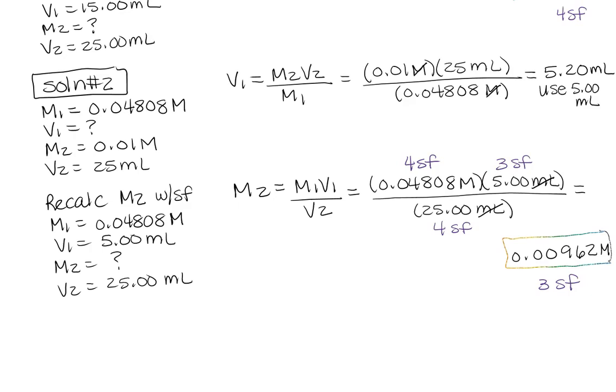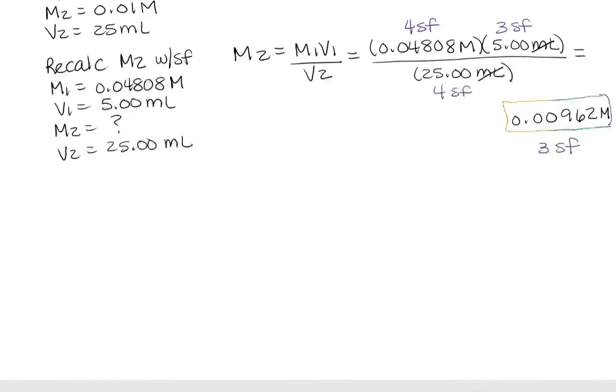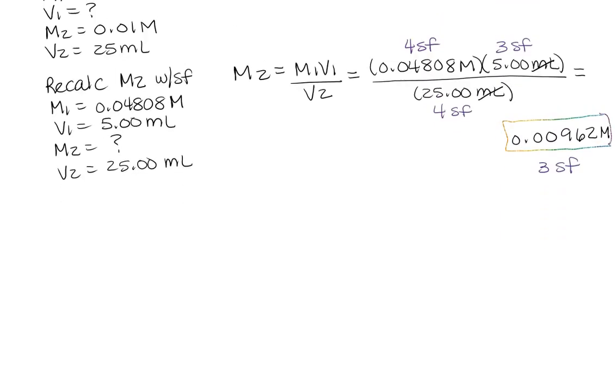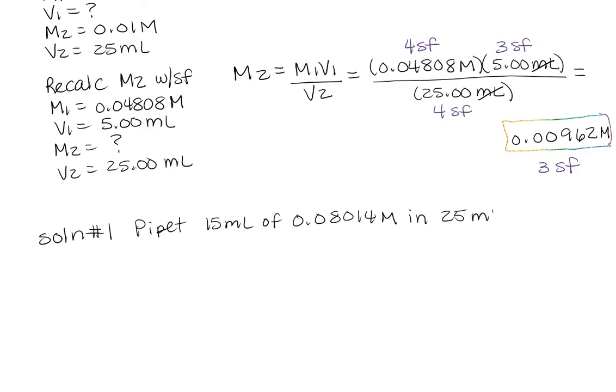So we've done the calculations. Now, just to give a brief summary of what we ended up with. So for solution number 1, and this is related to how the solution is prepared, we will pipette 15 mL of 0.08014 molar solution into a 25 mL flask.